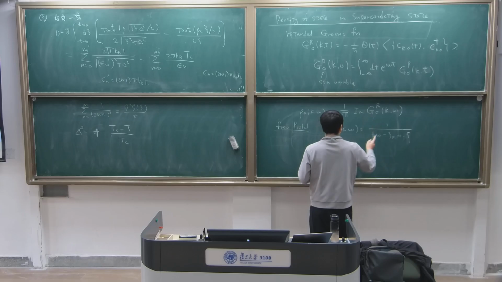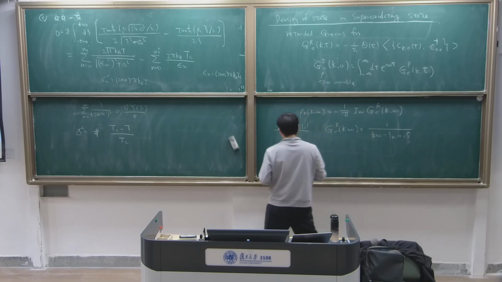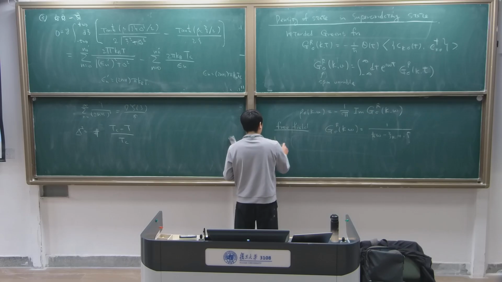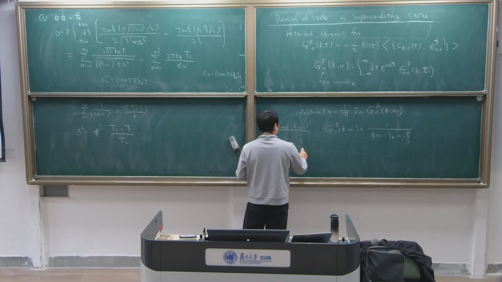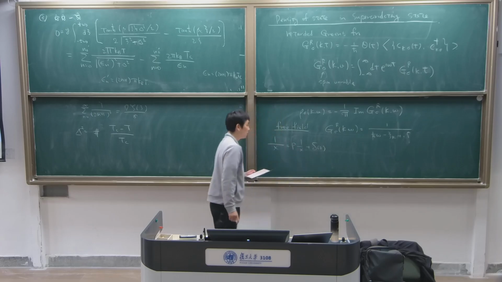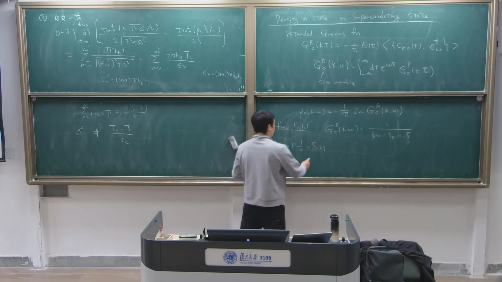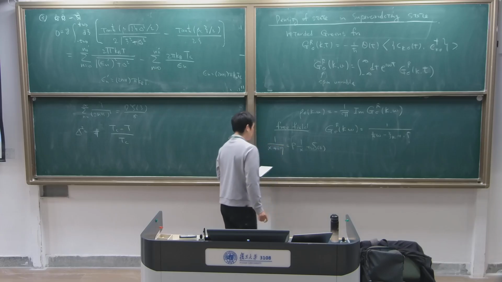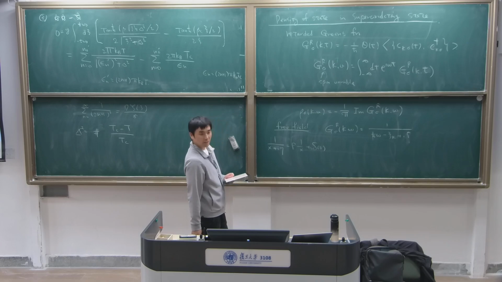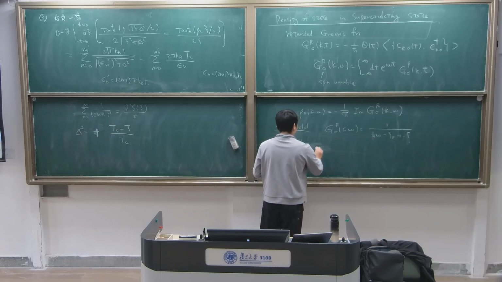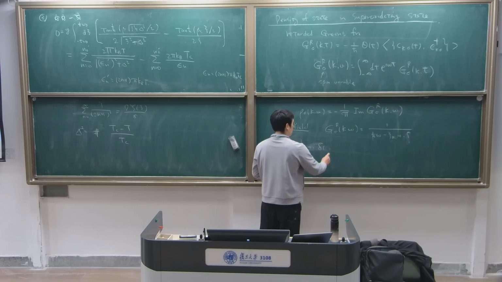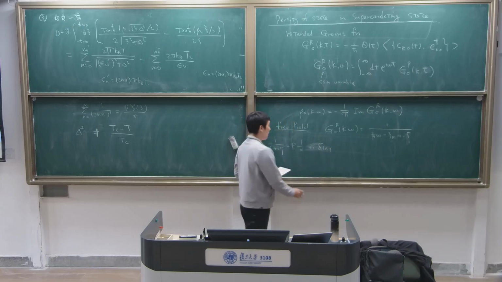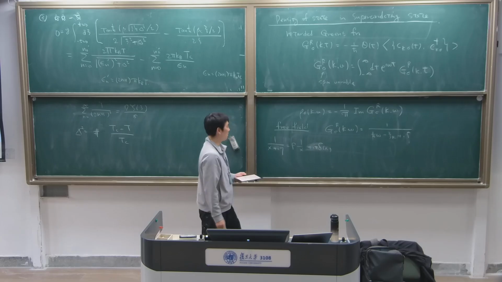If you plug this in and look at the imaginary part by using the relation that one over x plus i delta is equal to the principal value of one over x minus i pi delta of x, we get the result.